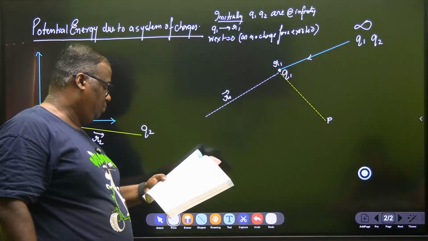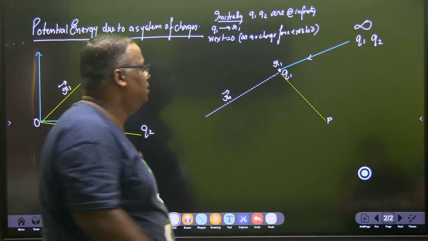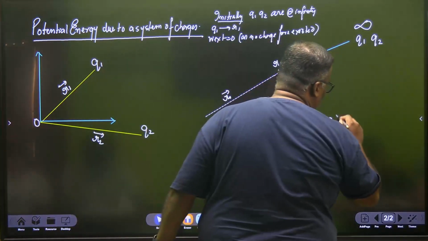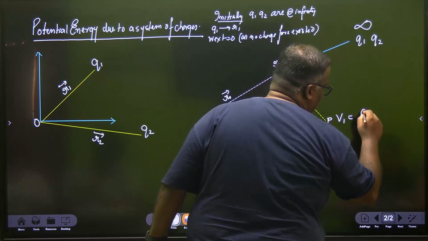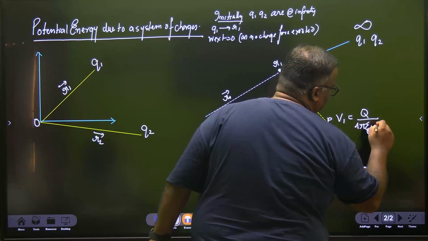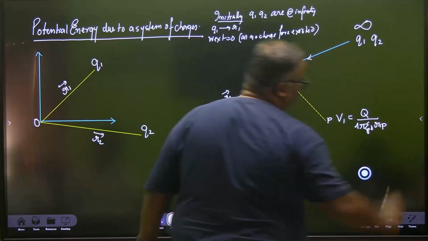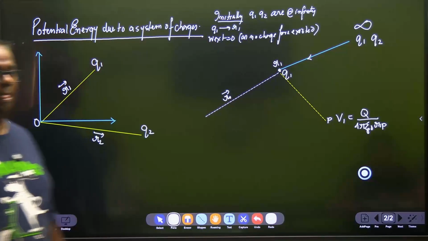This produces a potential, and at P you will get a potential V1. Now V1 is due to Q1. What is this potential equal to? Q by 4 pi epsilon naught R1P.